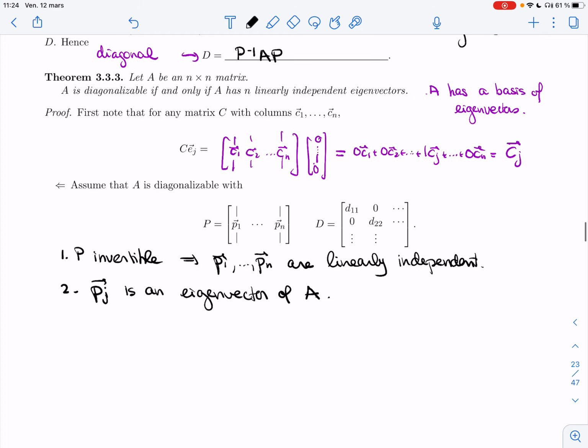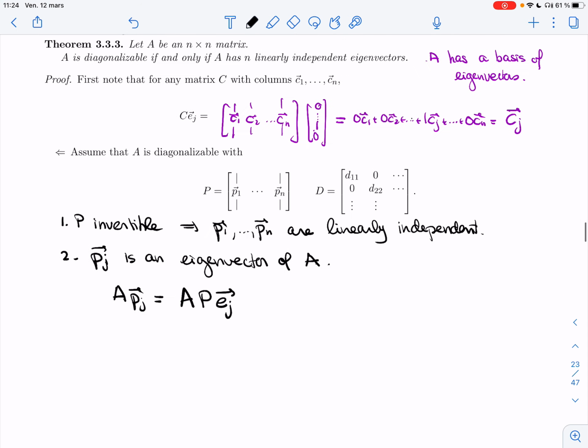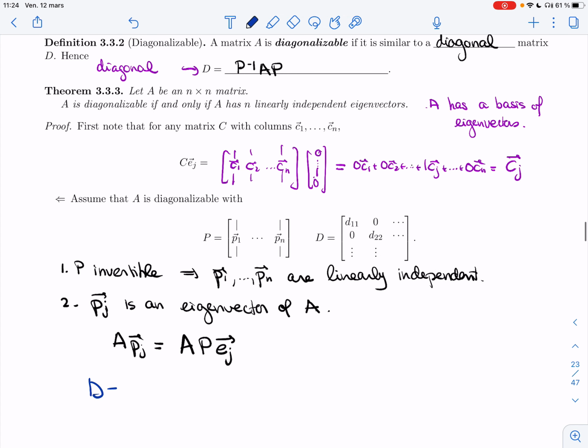All right, so let's see what happens when you multiply A by Pj. We're going to use this note here. So if I want Pj, I can take P and multiply it by Ej. So A P Ej. And then if I solve for A, I have D, which is P inverse AP.